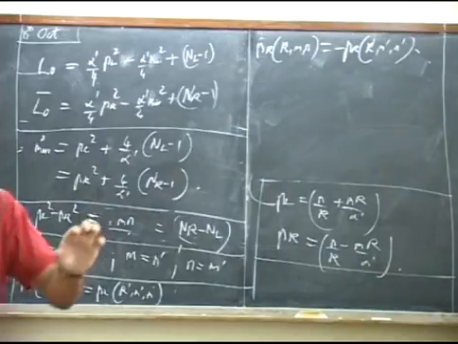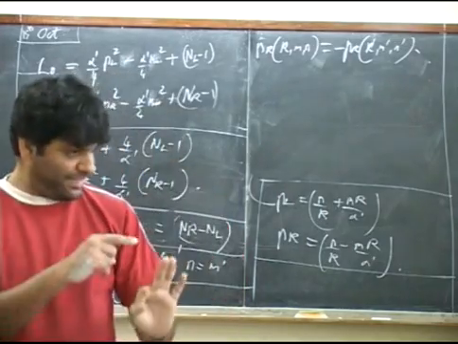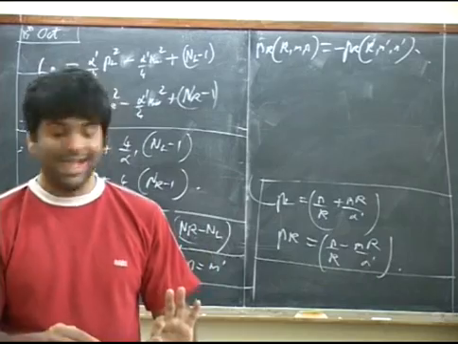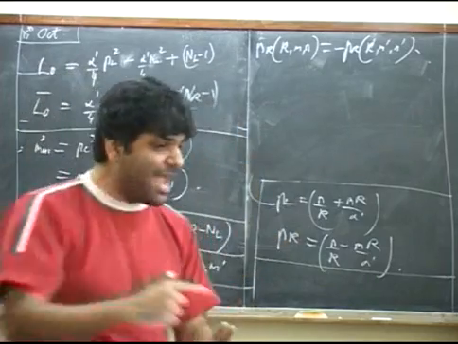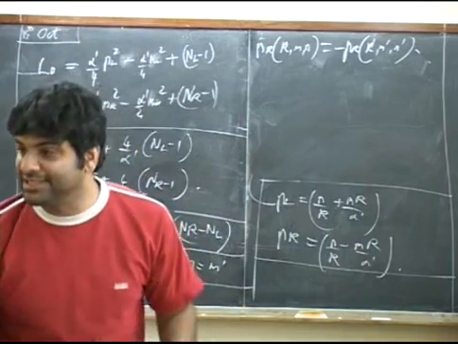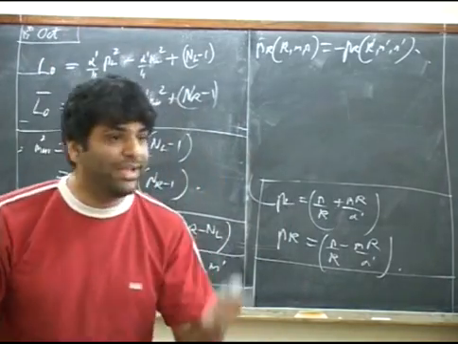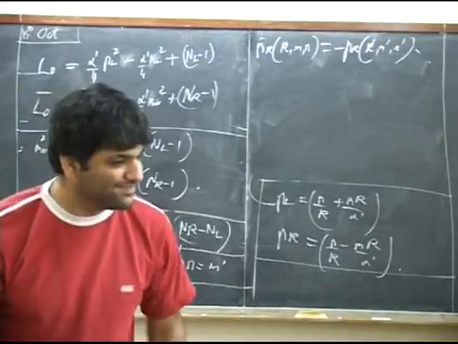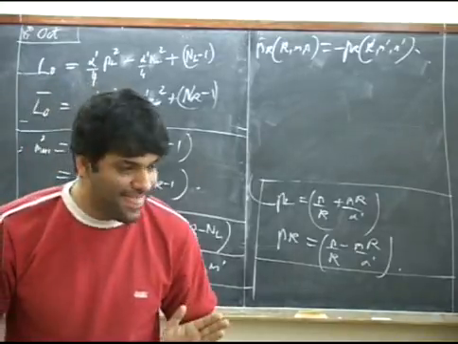So, the heavy Kaluza-Klein states of a small circle turn out to have exactly the same mass as the heavy winding states of a big circle if we change R to alpha prime over R. And vice versa.